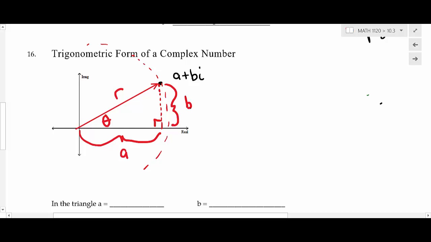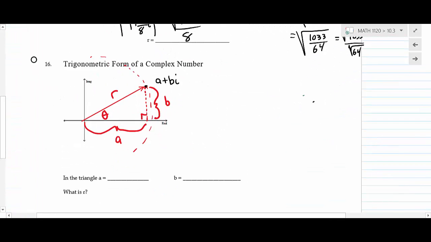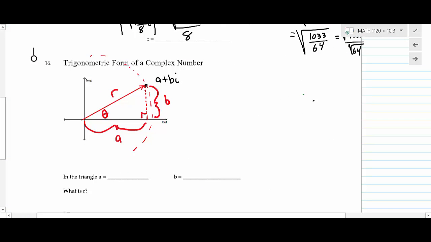All right, so what we're going to do on this is find a trigonometric ratio between several things. We already know what R is. So in the triangle, we'll have R squared equals A squared plus B squared, like that. We're going to look at that first to find what R is.